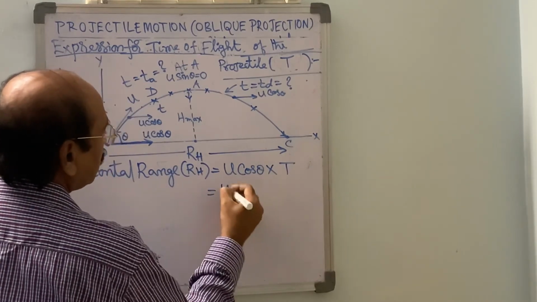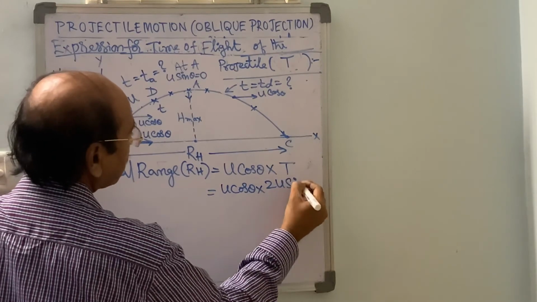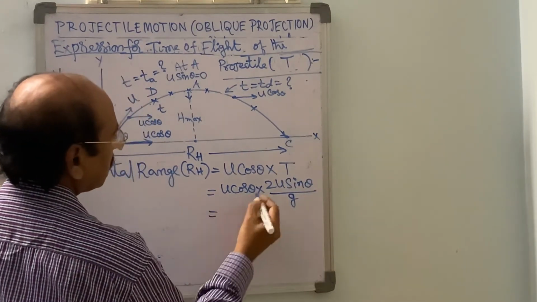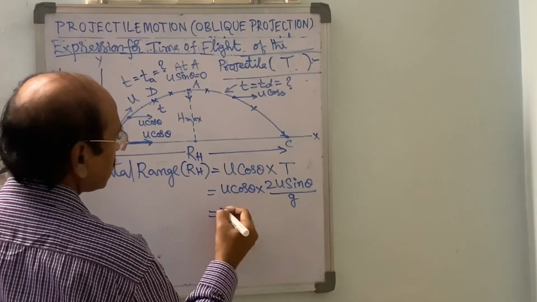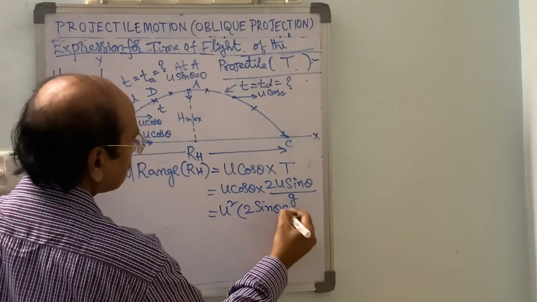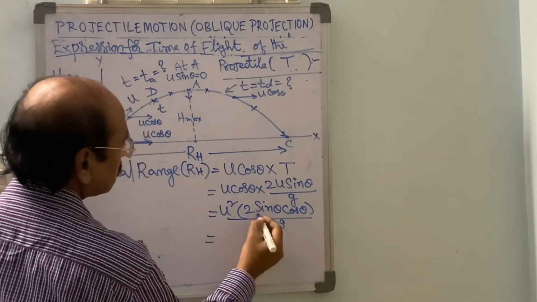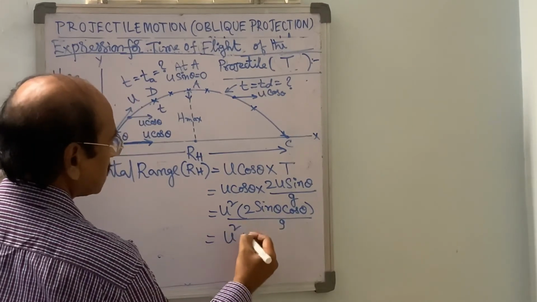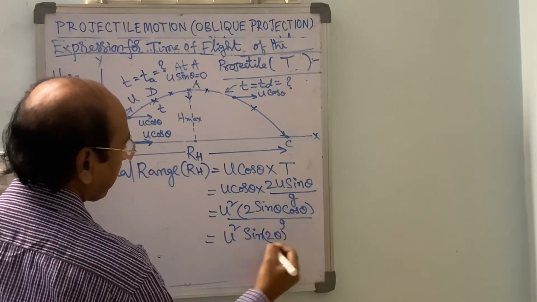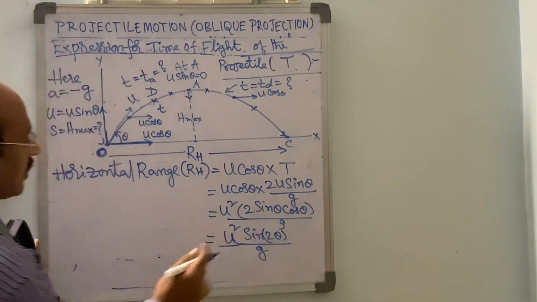Therefore u cos theta into 2u sin theta by g. Therefore this is u square into 2 sin theta cos theta, which can be written as u square sin 2 theta by g. This is the expression for horizontal range.